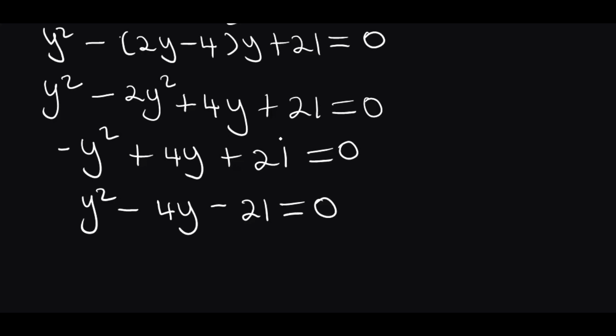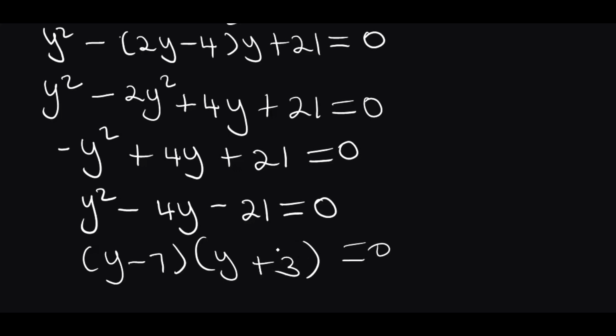Right. Now we need the factors of 21 that will give us the middle term, which is 4. Now we need to factorize. We will have y minus 7 and y plus 3.